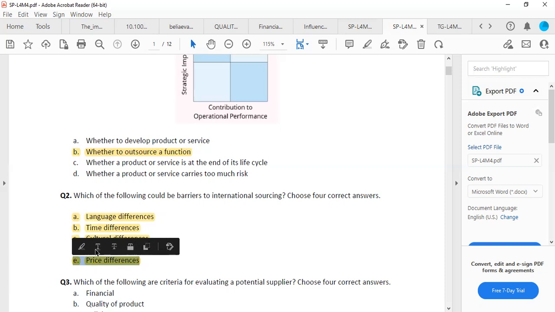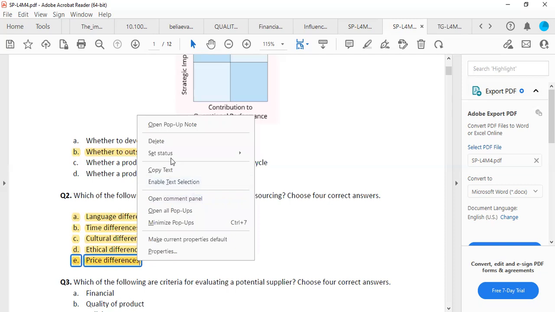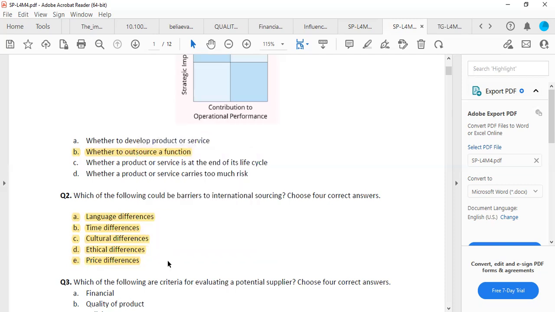That is what will make you do international purchase, because prices may be cheaper outside than in your own country. So exchange rate is a barrier. Yeah, exchange rate is a barrier. Okay.